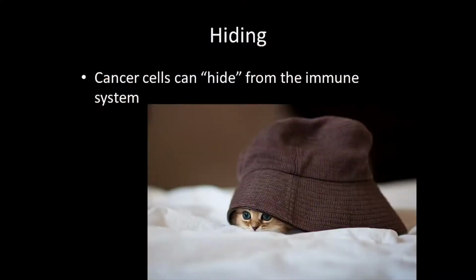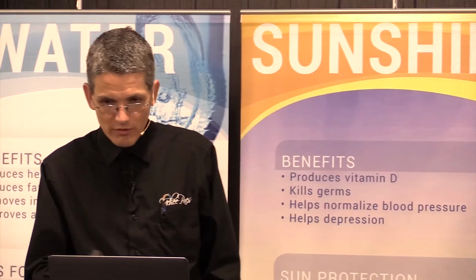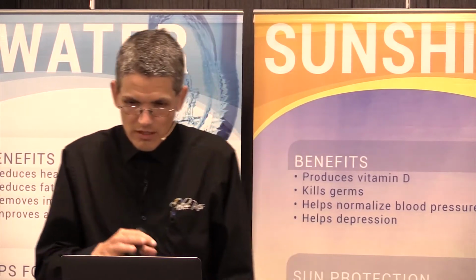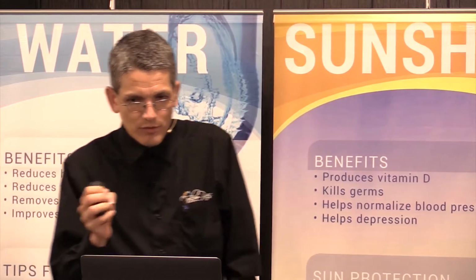And cancer cells can hide from the immune system. The immune system normally removes damaged or abnormal cells from the body, and some cancer cells are able to hide from the immune system by, one, building a fibrous capsule around themselves and preventing themselves from being discovered.